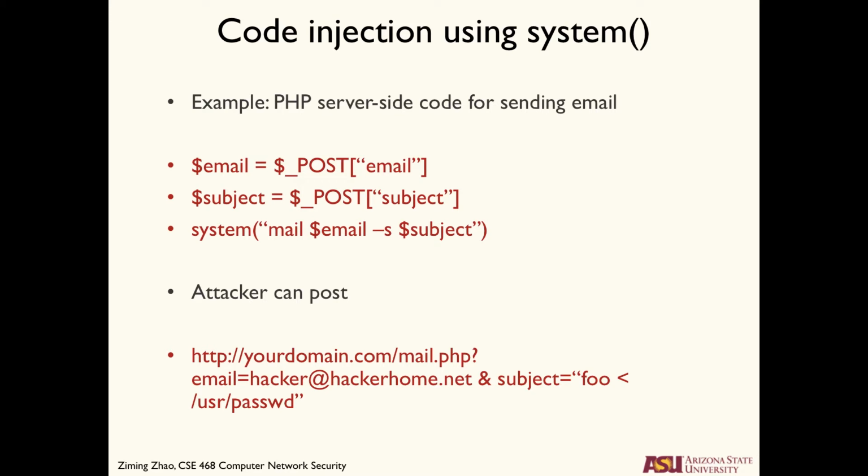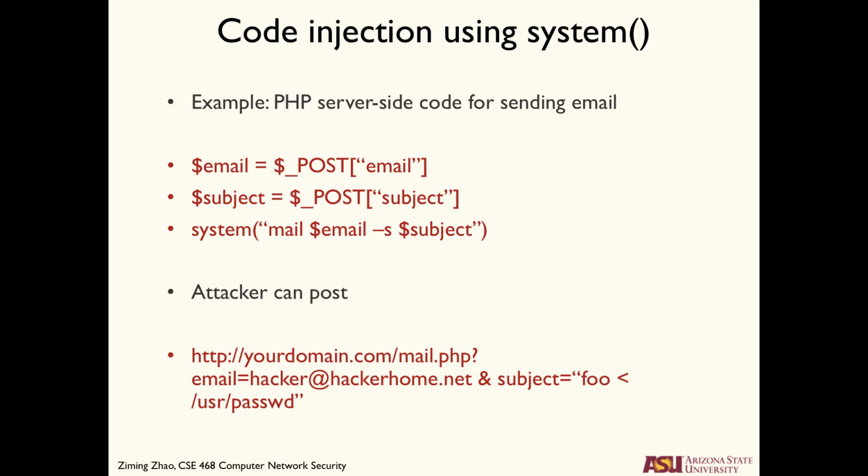In this example, the PHP code retrieves the email address and the subject from the form you submit, and tries to send out an email for you. But these email and subject fields are supposed to be data, not code. In this injection, the attacker can post the email address as his own email address, and the subject as a redirection operator followed by a file name.